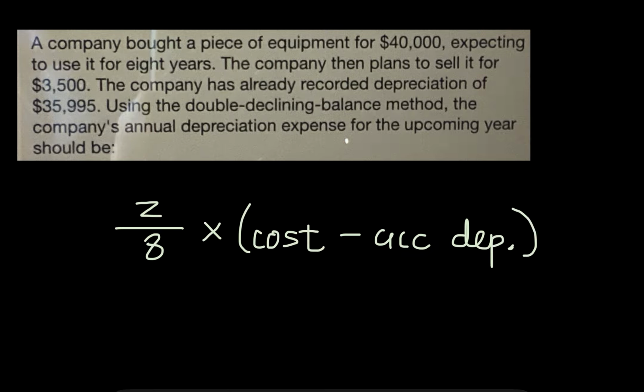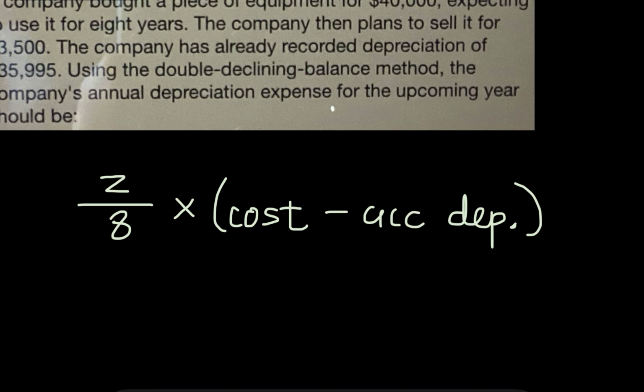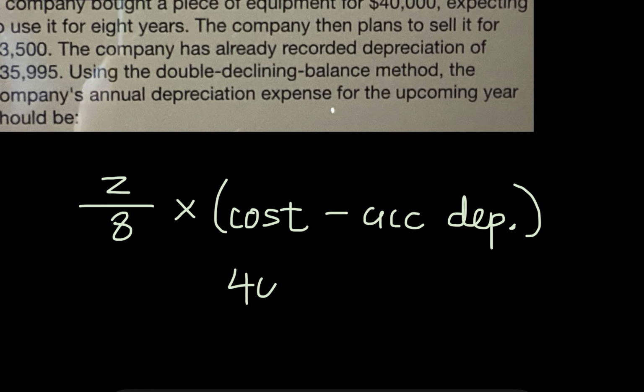It is not cost minus residual value because that is depreciable cost. Depreciable cost is used in straight line and unit of production methods, but not in double declining method. Double declining method is cost minus accumulated depreciation.